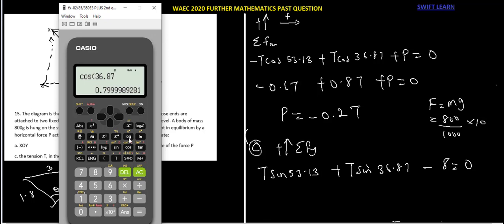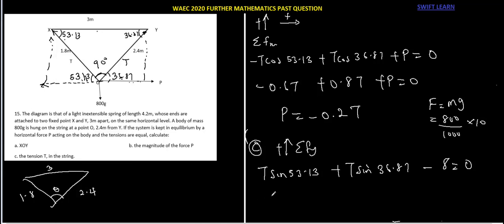So what is sine of the whole of that? What is sine 53.13? That's 0.8. And what is sine 36.87? Alright, 0.6.